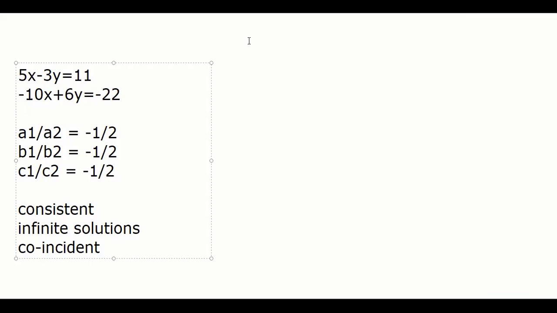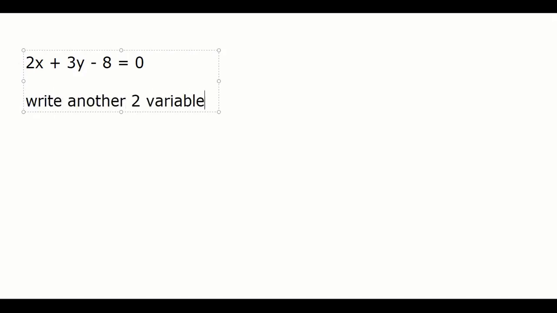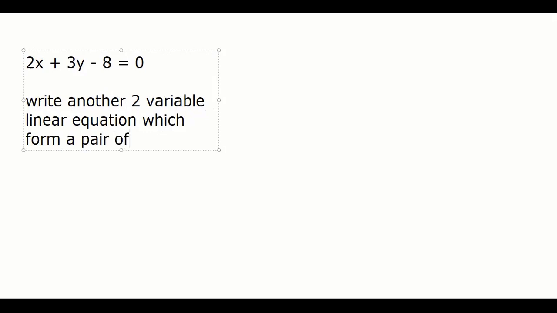So now if I give an equation, say 2x plus 3y minus 8 equal to 0, write another two variable linear equation which forms a pair, मतलब कि this equation plus what you write together will form a pair of intersecting lines.